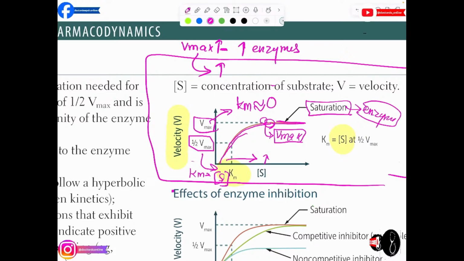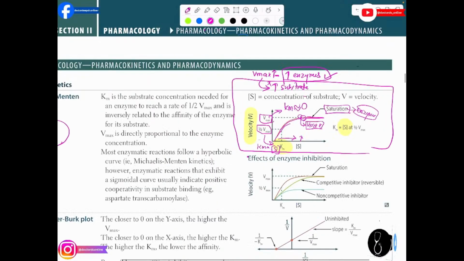I think this graph is understandable for you now. What is Km? It is 1/2 Vmax. Again I am telling, if the Km is equal to the substrate, the velocity will be half of maximum. If Km is approximately 0, then the velocity equals Vmax.